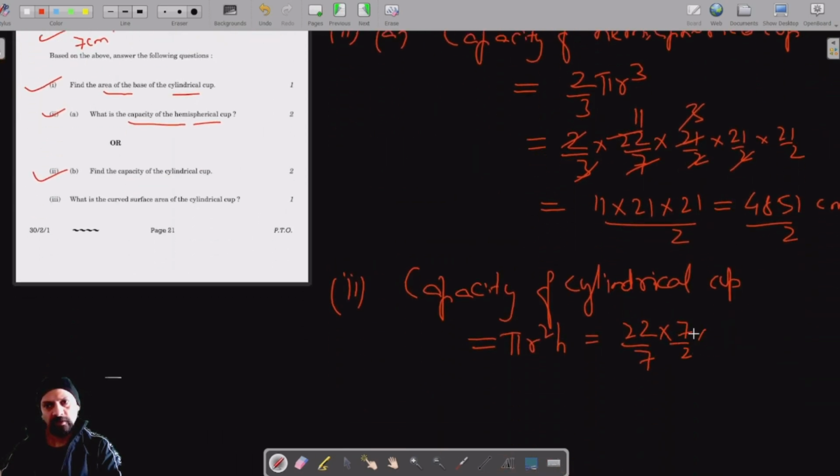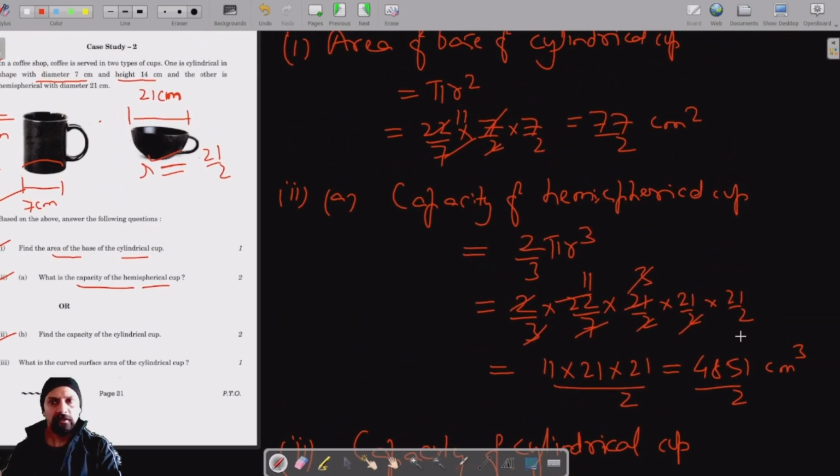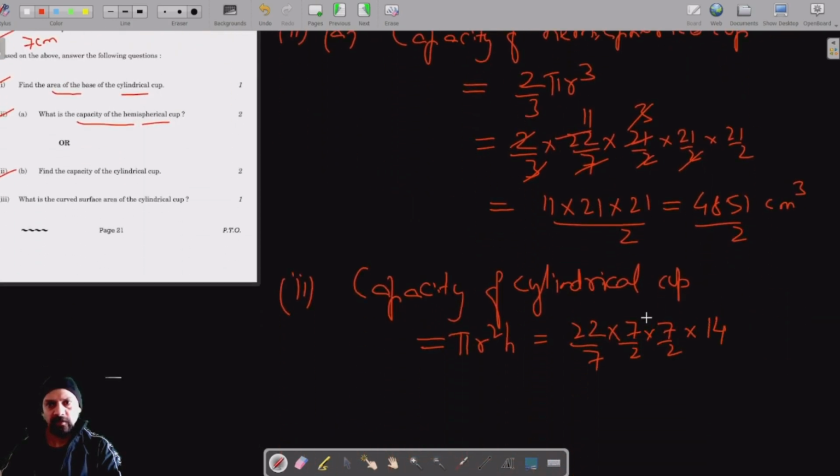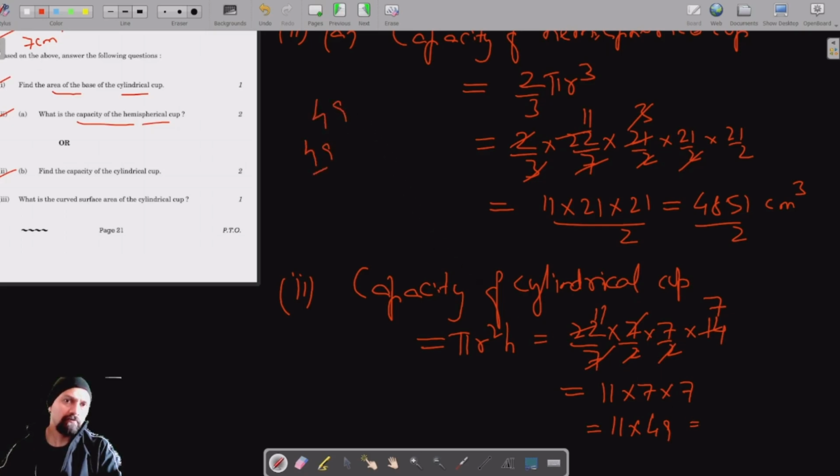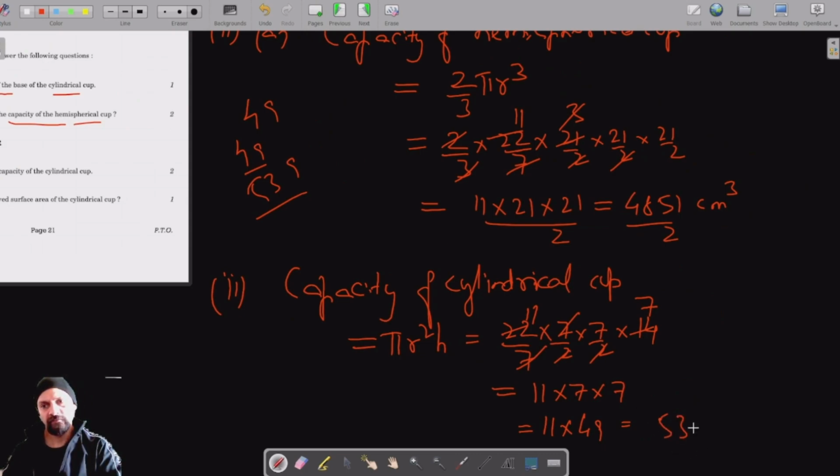So this is 7 by 2 into 7 by 2 into height. Height is 14. 7 and 7 get cancelled. This is 11 and 2, 7. So this is 11 into 7 into 7, which is 11 into 49. And 11 into 49 is 539. So this is 539 centimeter cube.